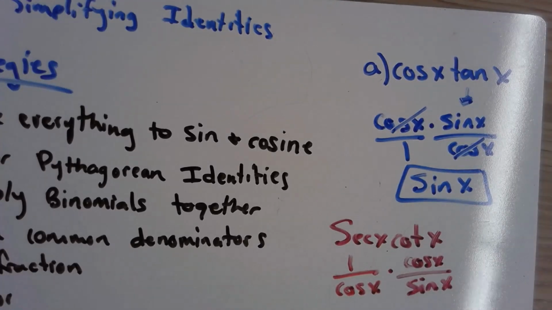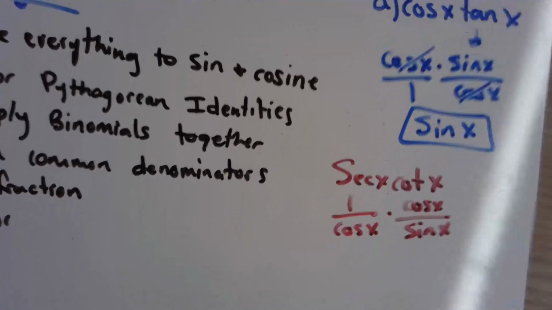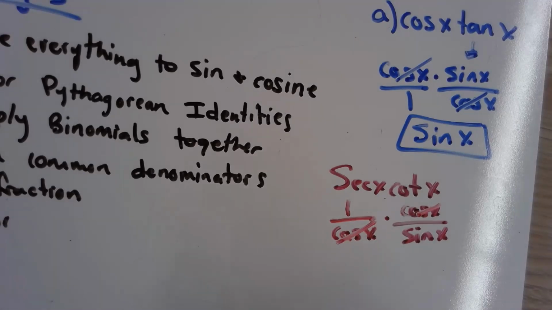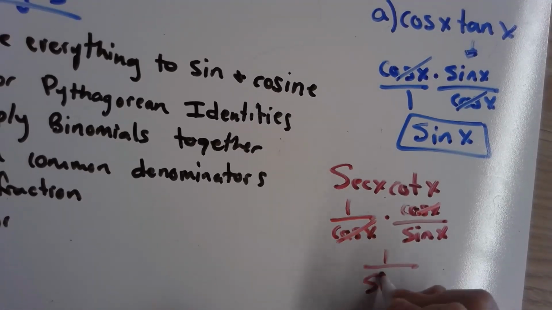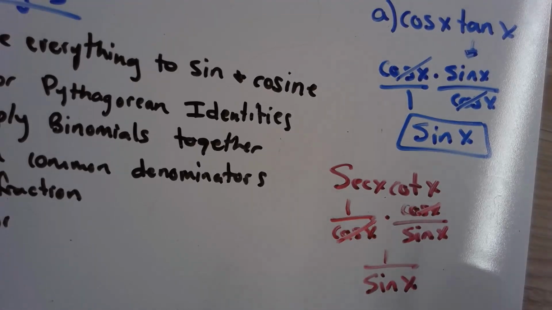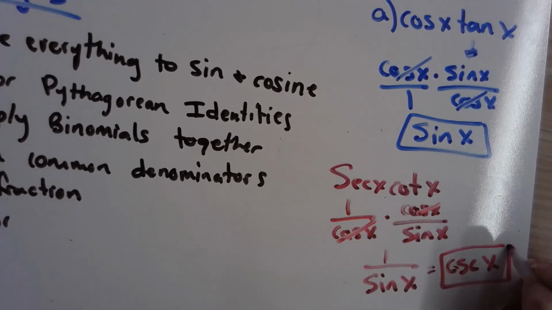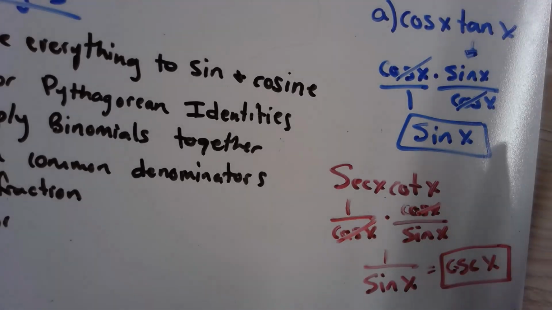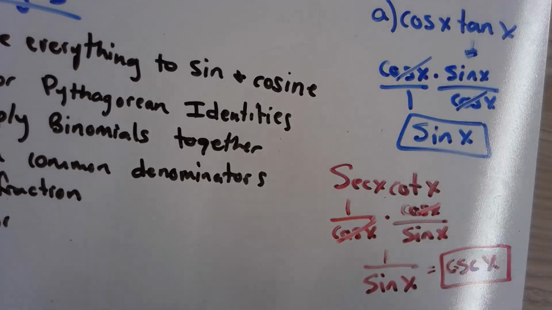And if you notice, we could take our cosines and simplify them out. So now I have 1 over sine x. Well, 1 over sine x is a reciprocal identity of cosecant. So this is going to be cosecant x as my answer. You see how those are simplifying nice and small?